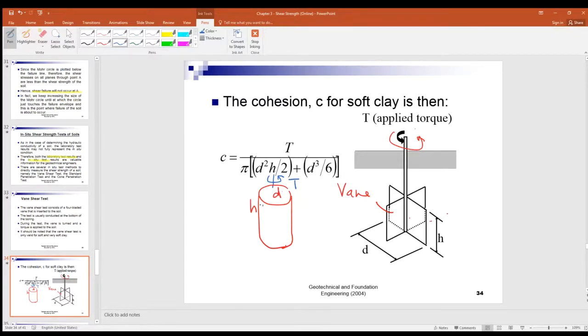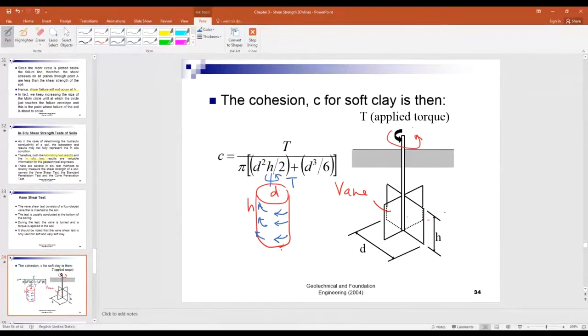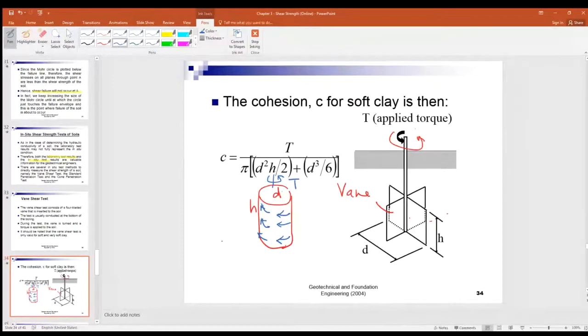So to balance it, the shear stress over this cylinder surface will be acting in a clockwise direction, in opposition to the applied torque, which is in counterclockwise direction, so that it will be in static equilibrium.